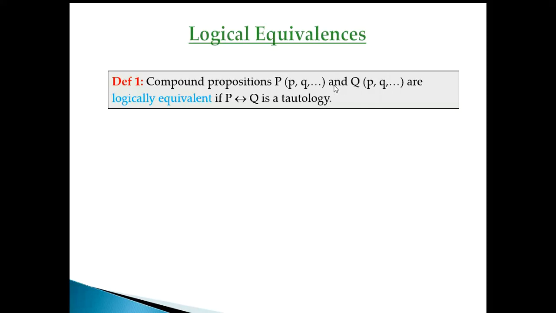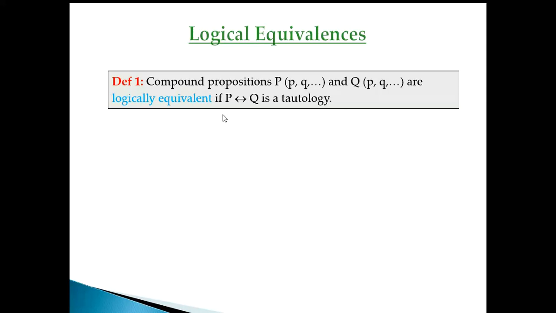If we have two compound propositions P and Q, they are logically equivalent if, one way, P biconditional Q is a tautology. That means you find the biconditional between these two propositions, and if all values are true, meaning a tautology, we can say these two propositions are logically equivalent.